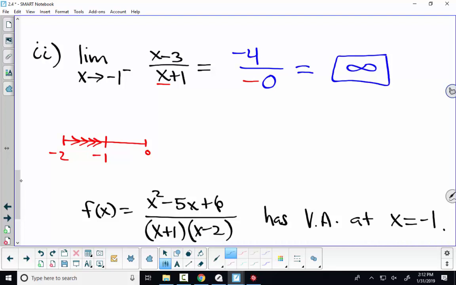As we approach a number, the y values approach a number. That gave us the hole. As we approach this number, the y values approach infinity. That's our vertical asymptote. And not only do we know we have a vertical asymptote at -1, we know the behavior on either side of that vertical asymptote.